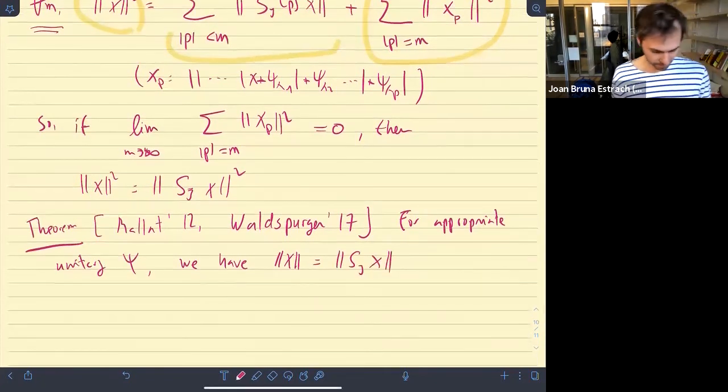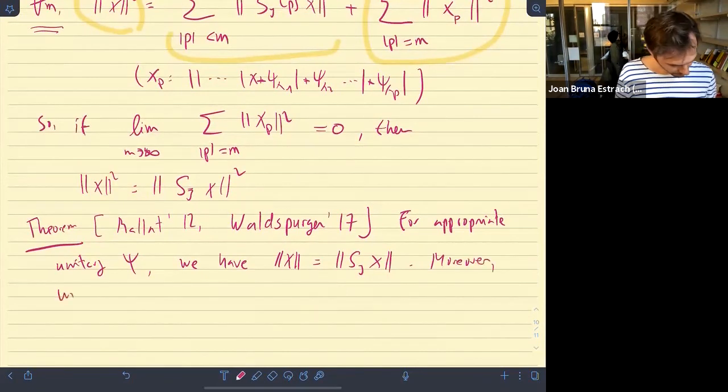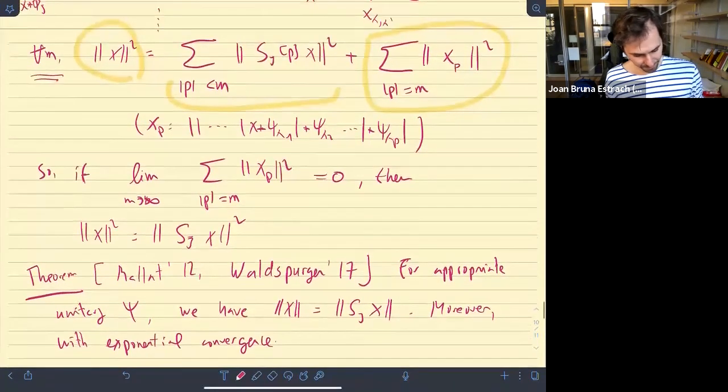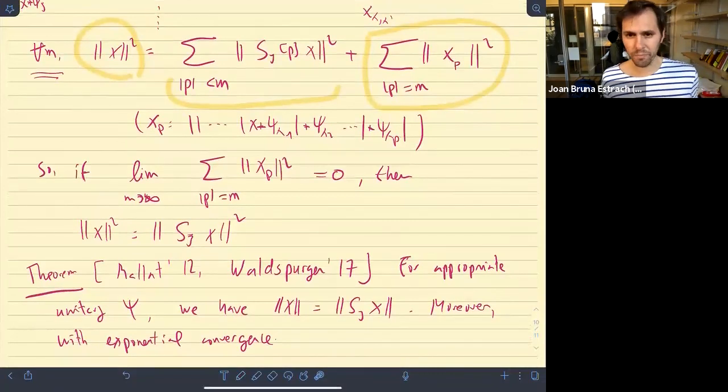And moreover, with exponential convergence. In other words, this term here, the residual, goes to 0 exponentially fast in m.